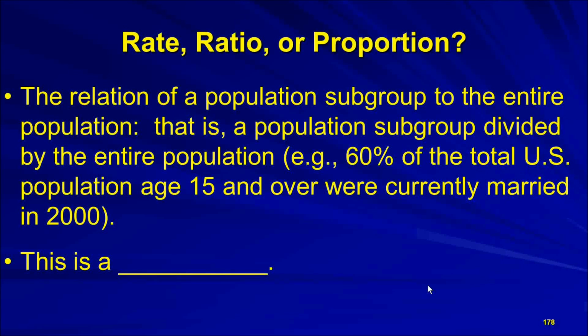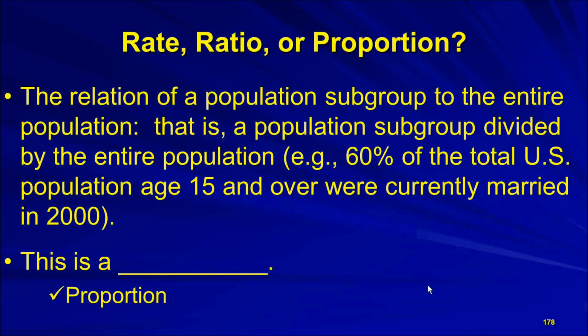So in this case, we're dealing with a proportion, and in the numerator, we would have 60%, 15 and over, currently married. Now this is a trick. What goes in the denominator? We have 60% 15 and over currently married, right? And then we have plus singles, which would be 40% of the denominator, which were never married, separated, divorced, widowed.